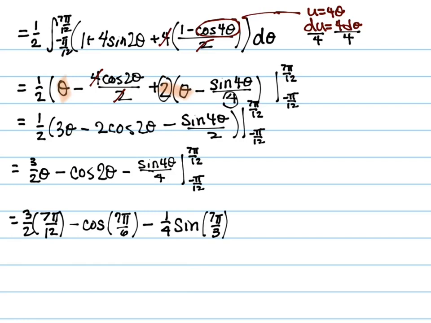And we have all of that minus 3/2 times negative pi over 12, minus the cosine of negative pi over 6, minus 1/4 sine of negative, where was I? Negative pi over 3.